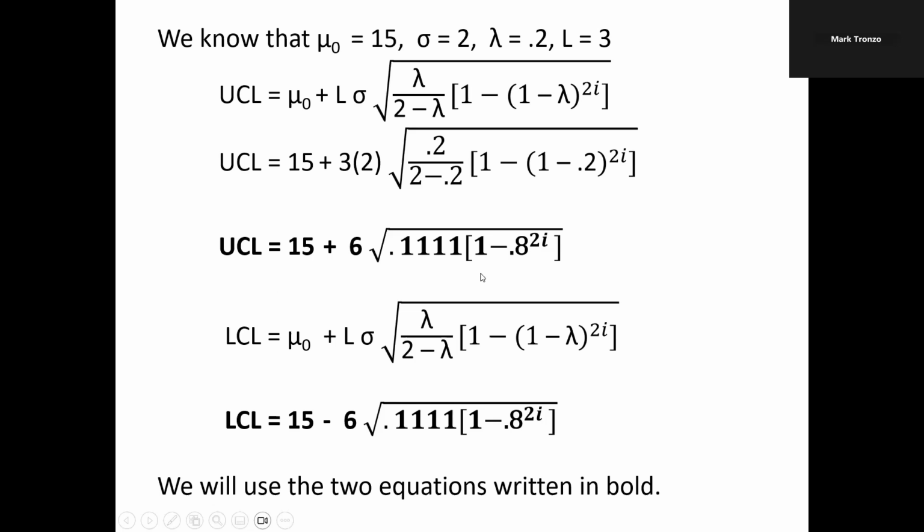We can simplify it a little bit to get down to this for the upper control limit. I simplify a little bit so that it'll be easier when we calculate our control limit. Same thing for the lower control limit. We put in 15 for mu, the standard deviation of 2, and L of 3. We get this. So we can use these two equations in bold here to calculate our upper control limit and lower control limit.